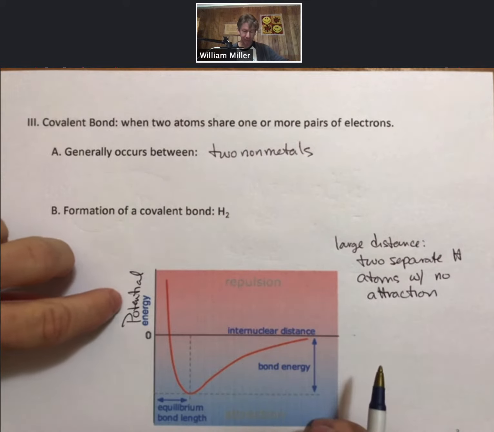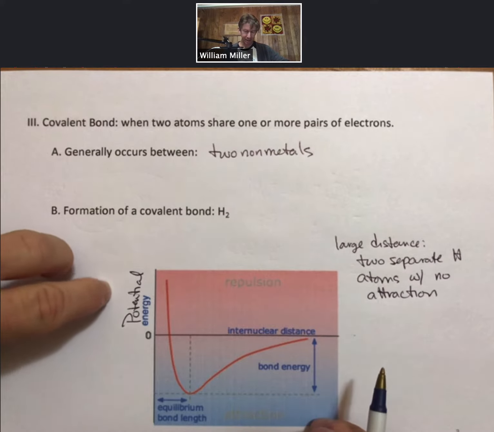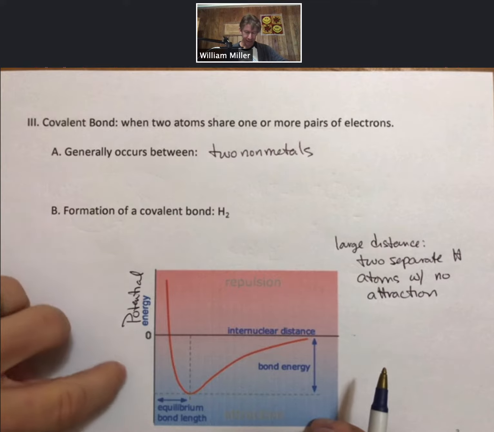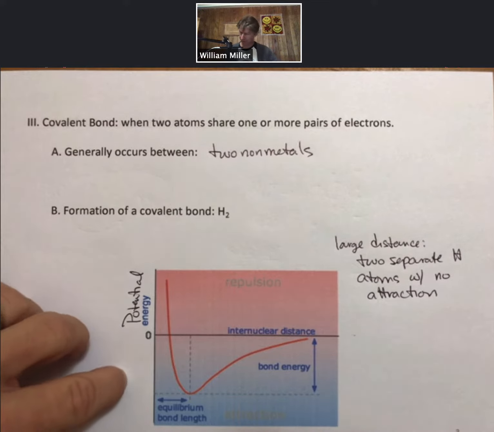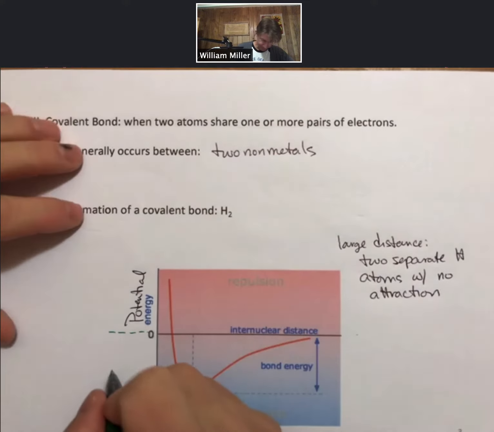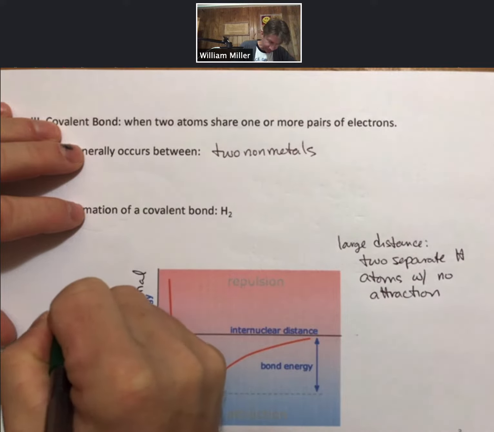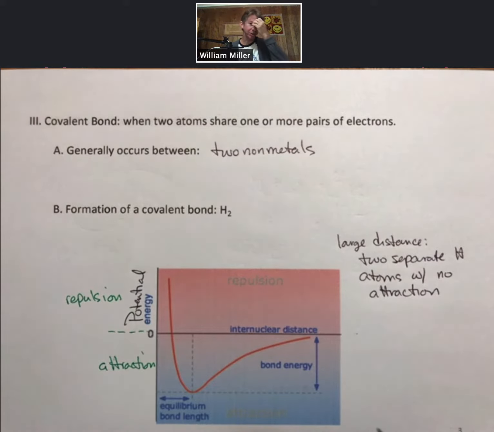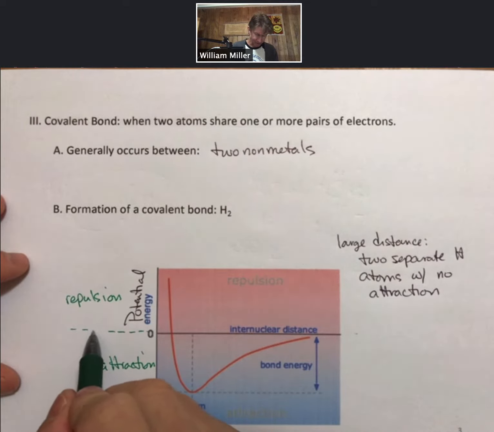So remember, positive energy is, in this case, going to be repulsion, and negative energy is going to be attraction. So there we go, attraction and repulsion separated by the 0 line here.